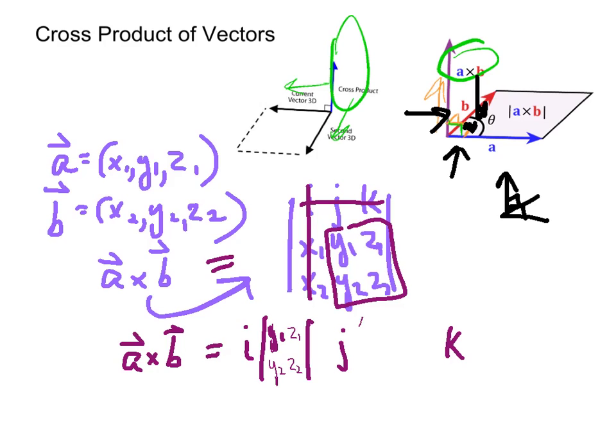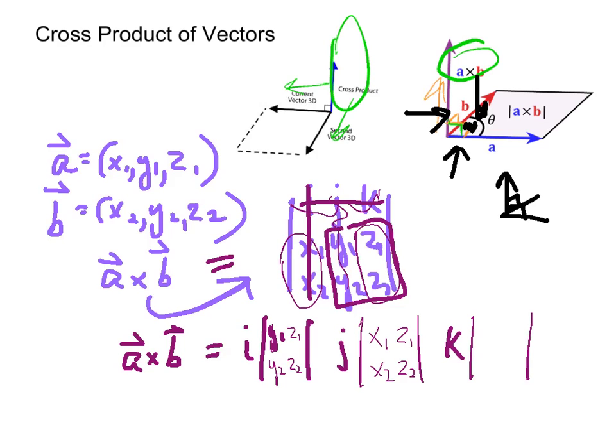And then for the j, we cross off the row and the column with j, and we're left with these four, the ones I just circled. So that would be an x1 and a z1 and an x2 and a z2. And for the k, we repeat the process.